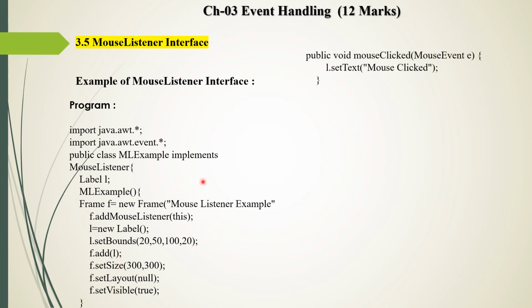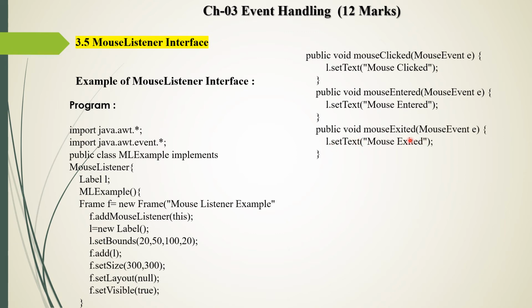Then we define the 5 methods related to the mouse listener. First method is mouseClicked. When this method is executed, the label is set to mouse clicked. Next method, mouseEntered. When this method is executed, the label is set to mouse entered.